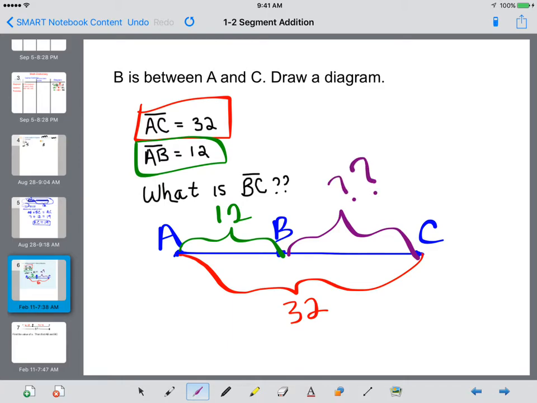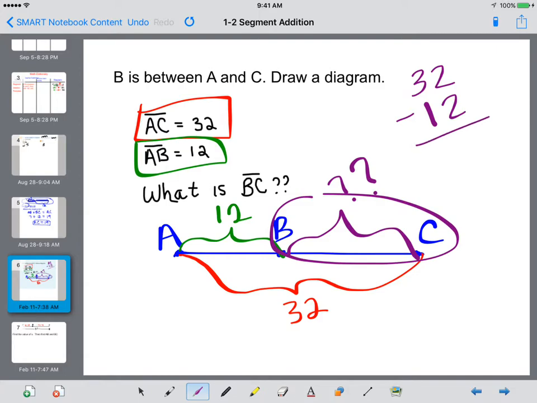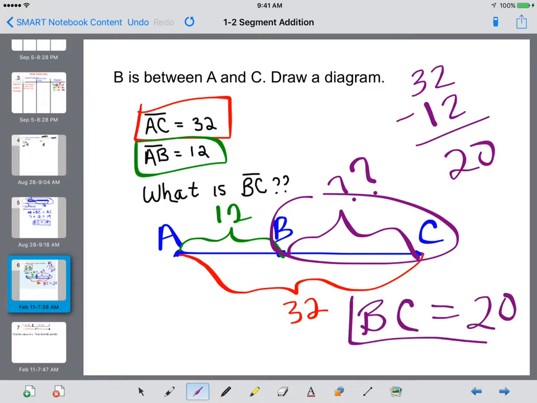So 12 plus what length would BC have to be to get us 32? Shortcut we can do is we can take the full thing, 32, subtract the portion that we know. 32 minus 12 is 20. So BC equals 20.